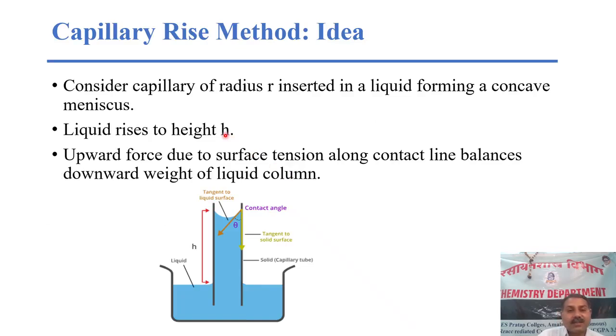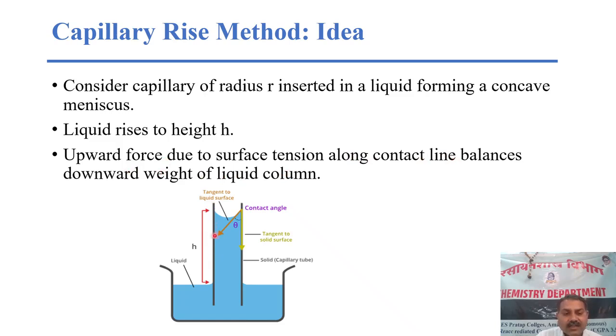Then the capillary rise method. Consider a capillary of radius r inserted in a liquid forming a concave meniscus. The liquid rises to a height h. The upward force due to the surface tension along the contact line balances the downward weight of the liquid column.